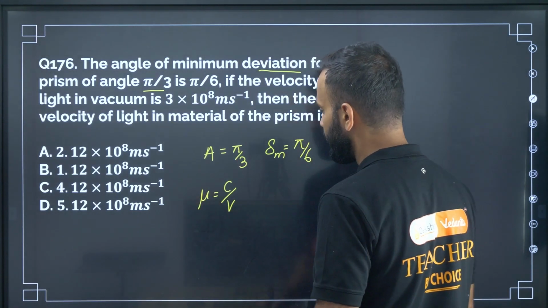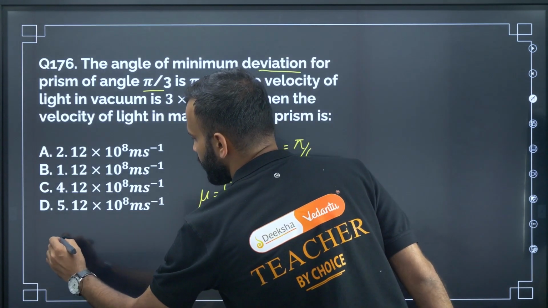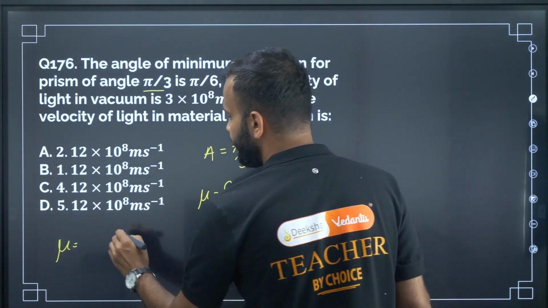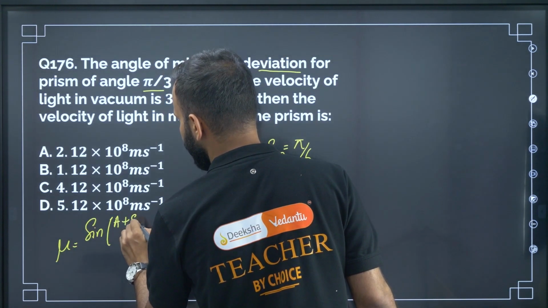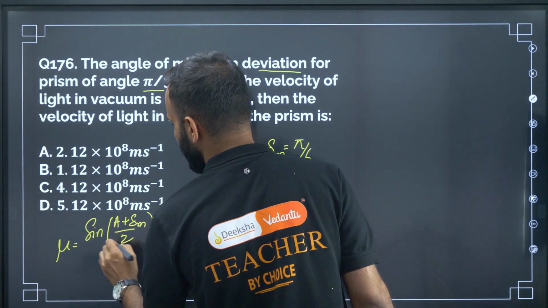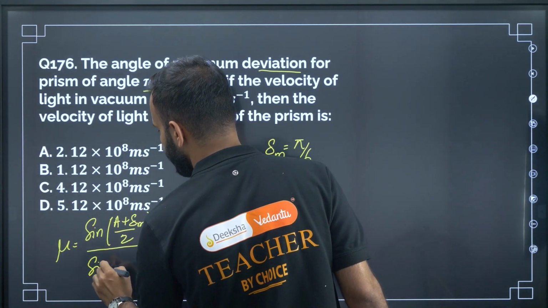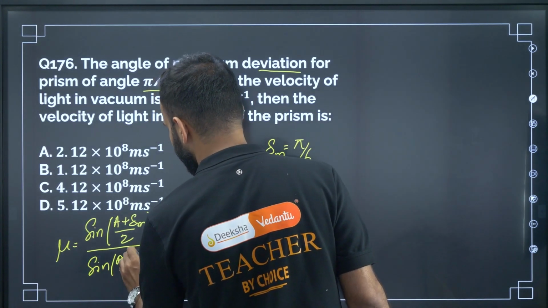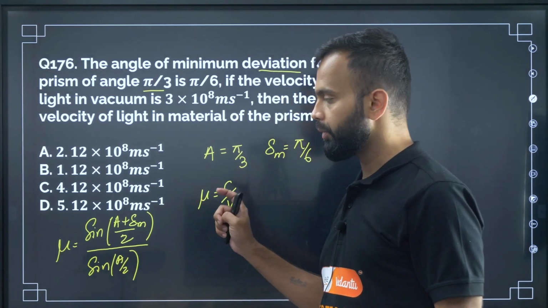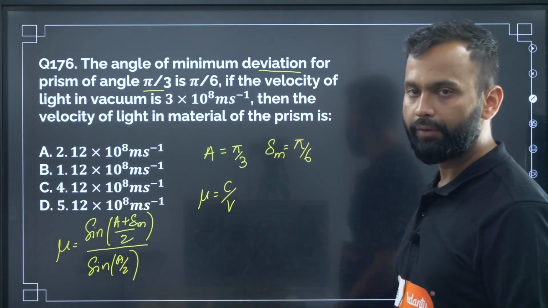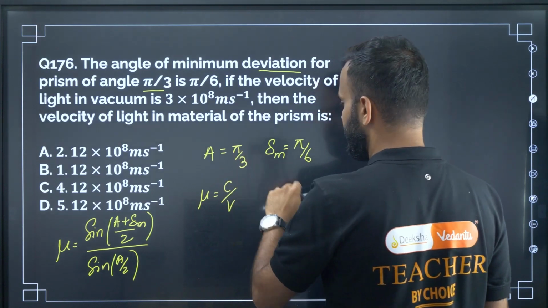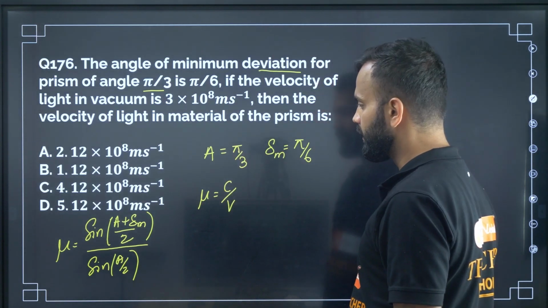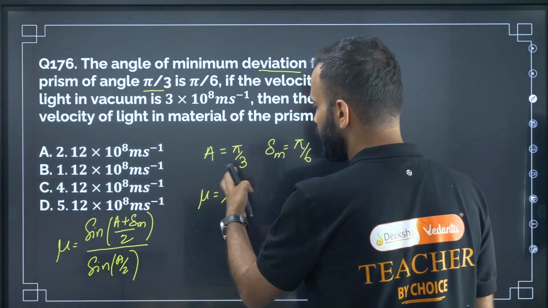Let us find mu. We know that the refractive index of the prism mu equal to sine of A plus delta m whole divided by 2, divided by sine of A by 2. Here A is the angle of prism, delta m is the angle of minimum deviation, and mu is the refractive index of the prism. So A is pi by 3, delta m is pi by 6, right? Now substitute the values.